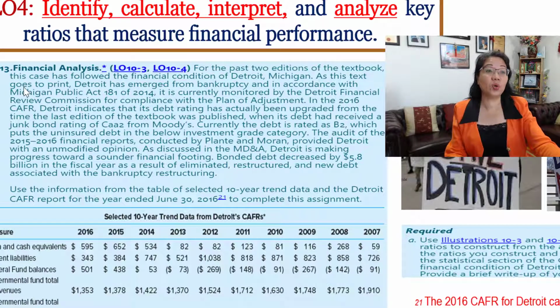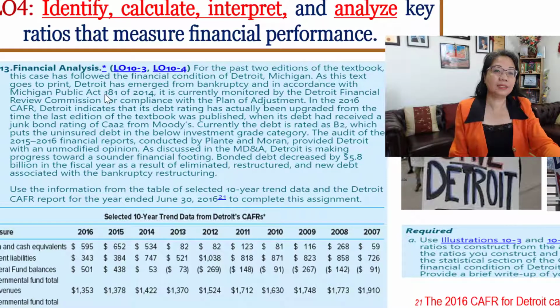As your text goes to print, the city of Detroit has emerged from bankruptcy, and in accordance with Michigan Public Act 181 of 2014, it is currently monitored by the Detroit Financial Review Commission for compliance with the Plan of Adjustment.